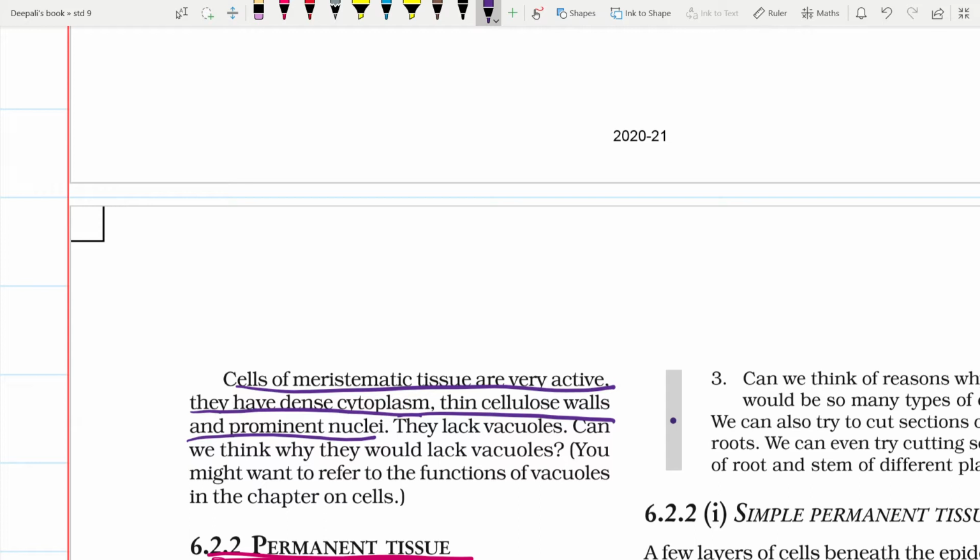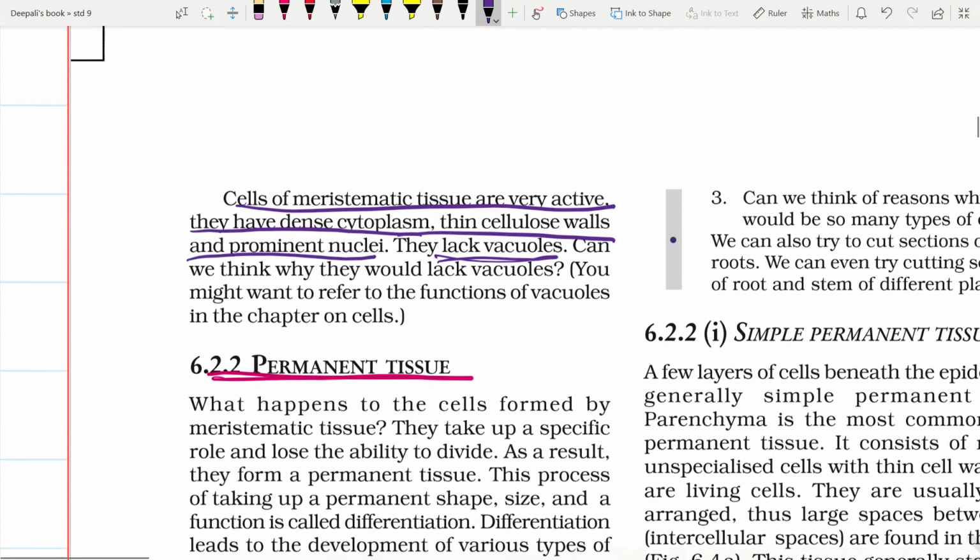So, you can say the characteristics of meristematic tissues are: cells are active, have dense cytoplasm, thin cellulose walls and prominent nuclei, and absence of vacuoles, right? That is the characteristic of meristematic tissues.